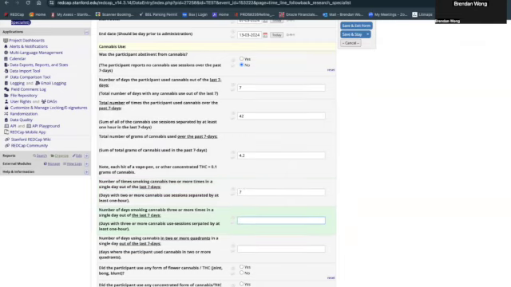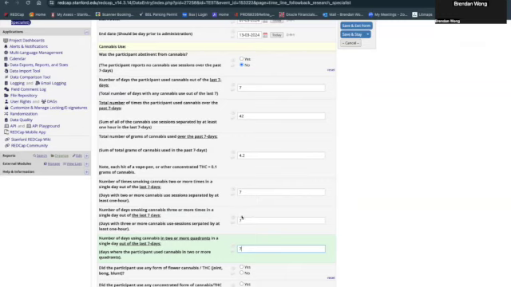Same can be said about them smoking 3 or more times each day in the past 7 days. And then finally, the number of days using cannabis in 2 or more quadrants. That is, if the participant smoked during two different time periods in a day, at least in a single day, out of 7 days, and for this participant, it was 7 as well.